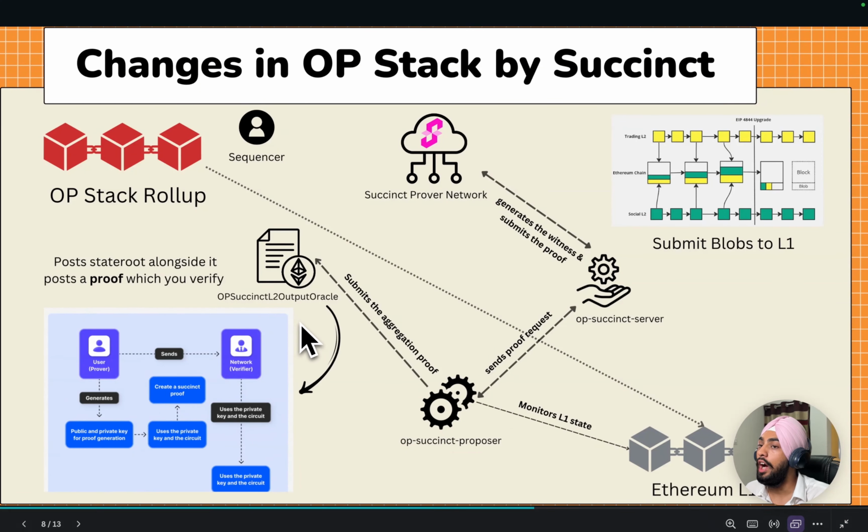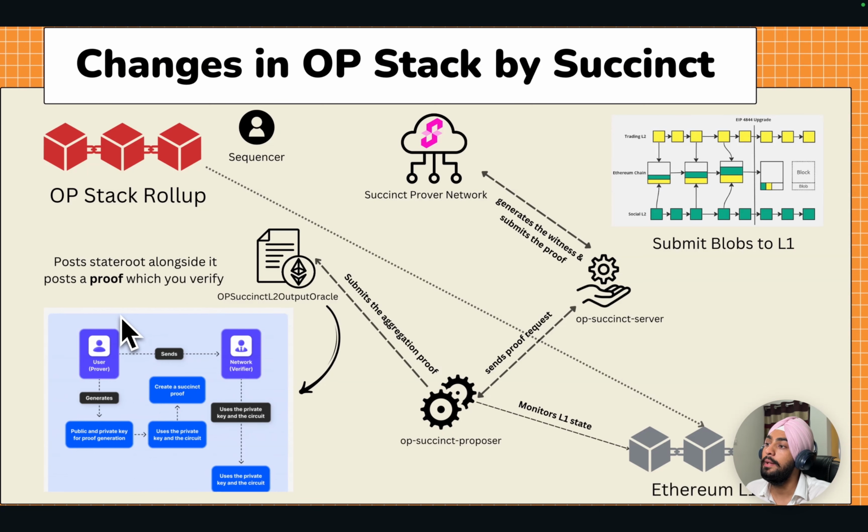So whenever it posts a state root, alongside it also posts a proof. Then you verify that particular proof using ZK, and then you know that the state root is correct. So they replaced that smart contract with a ZK version that verifies the proofs itself, right?